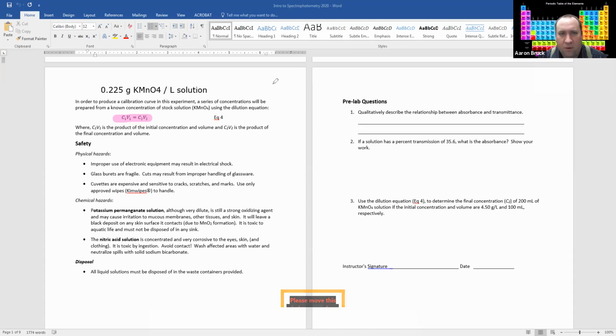So for example, if our initial concentration, C1, is 0.225 grams per liter, and I'm going to use 3 milliliters of it, the second concentration is going to be based upon how much I dilute that 3 milliliters. So let's say that I just dilute it to 50 milliliters. Solving out my algebra here, I divide each side by 50 milliliters.